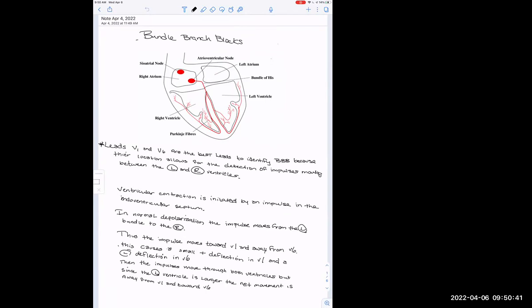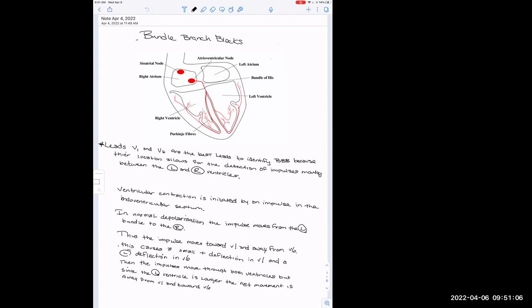Because when you talk about bundle branch blocks, you are actually talking about axis, about the mean direction of forces in the heart, and what happens when the normal conduction pathways of the heart become blocked, and those forces have to take another route to get their job done.